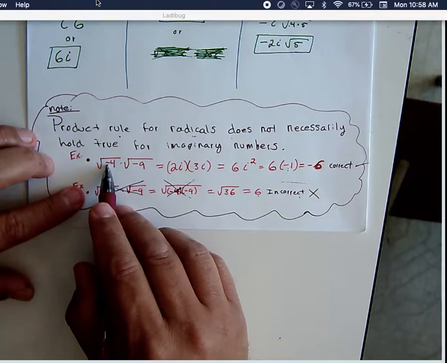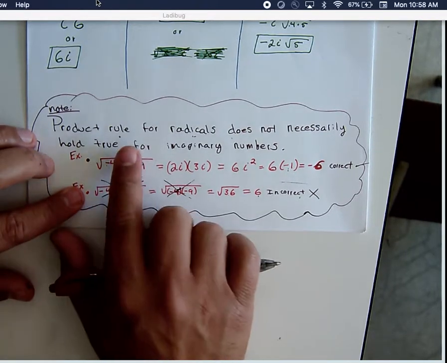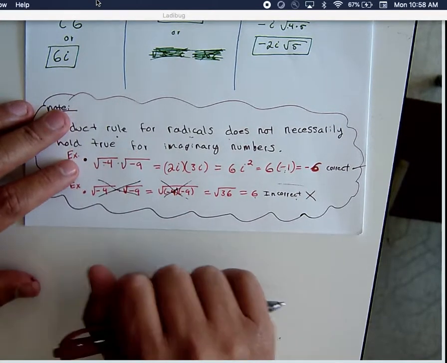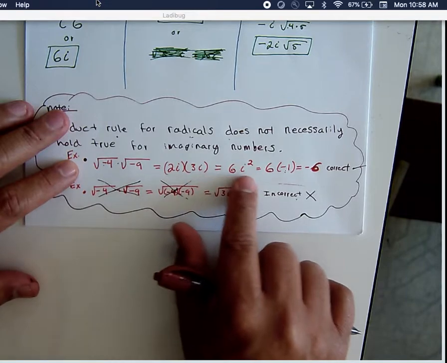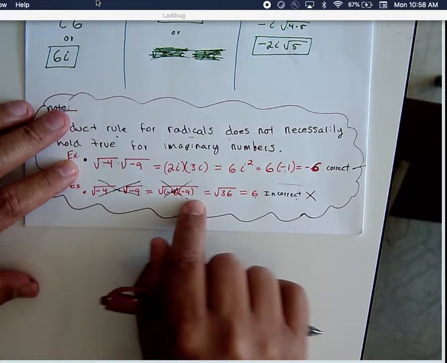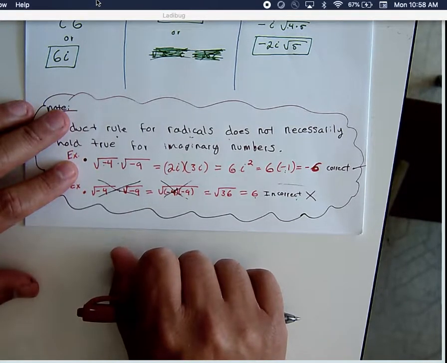Because to start with, you had an imaginary part in this square root. By itself, it's not possible to solve this. That's why you use imaginary numbers. So this would be wrong when you see a negative inside and you're dealing with even roots like a square root.